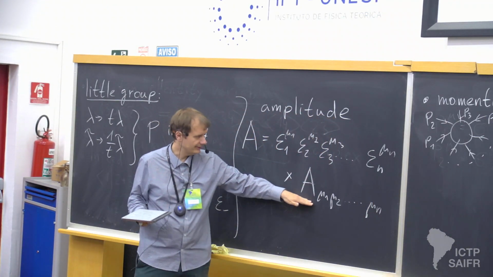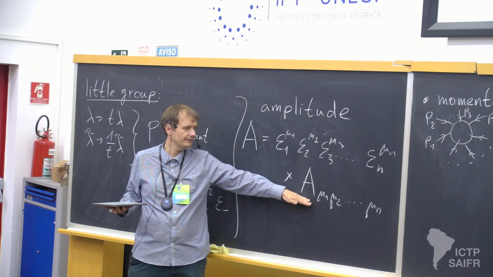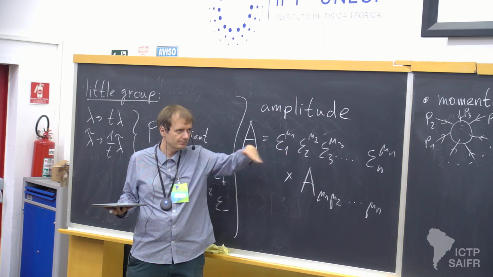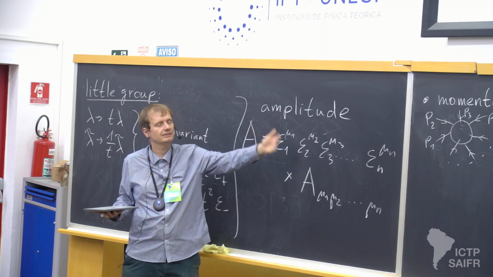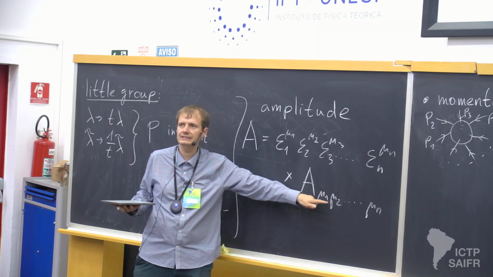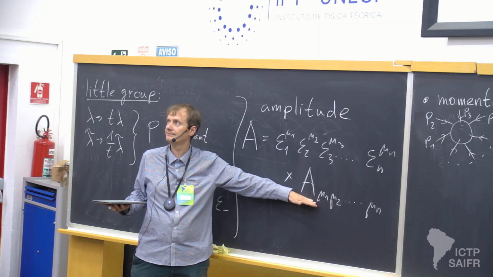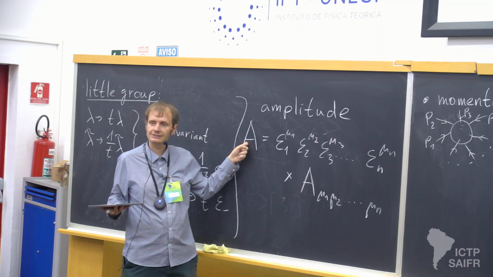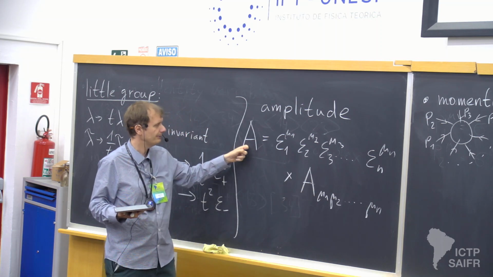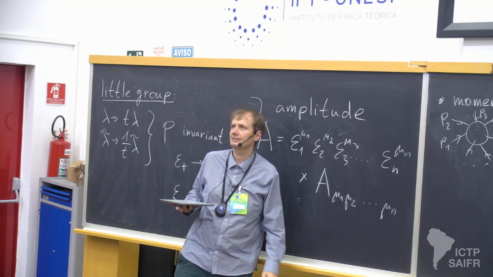However, this function is written only in terms of momenta: the dot products of momenta, or the momenta themselves with the indices. This function A is invariant under the little group. So all the transformations of the little group of the amplitude come from the transformations of the polarization vectors.